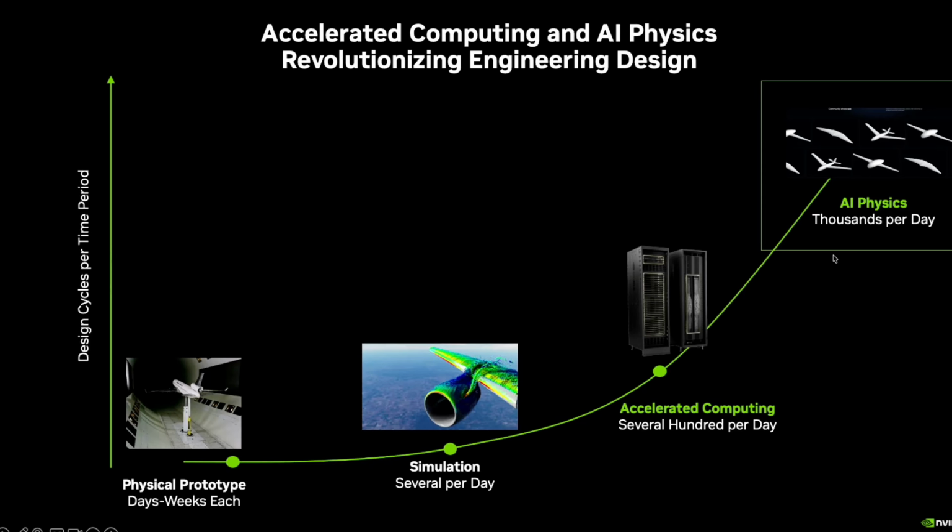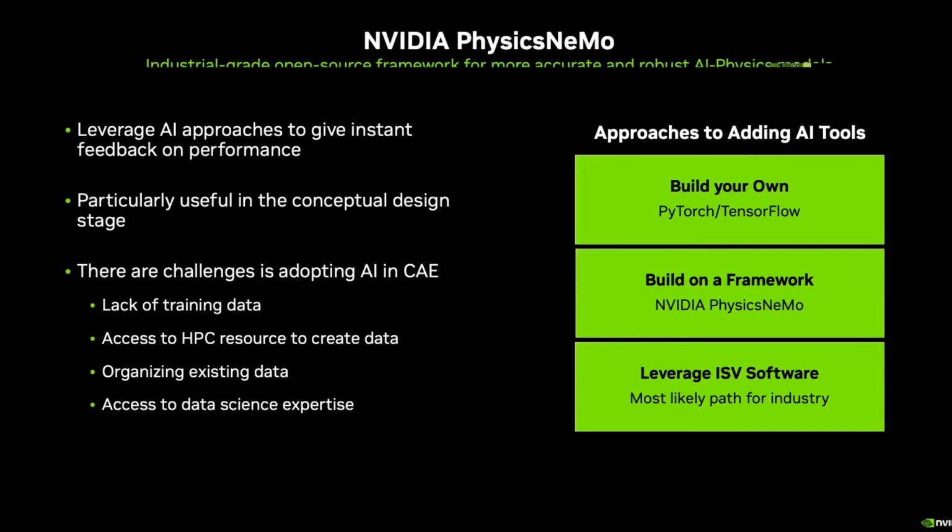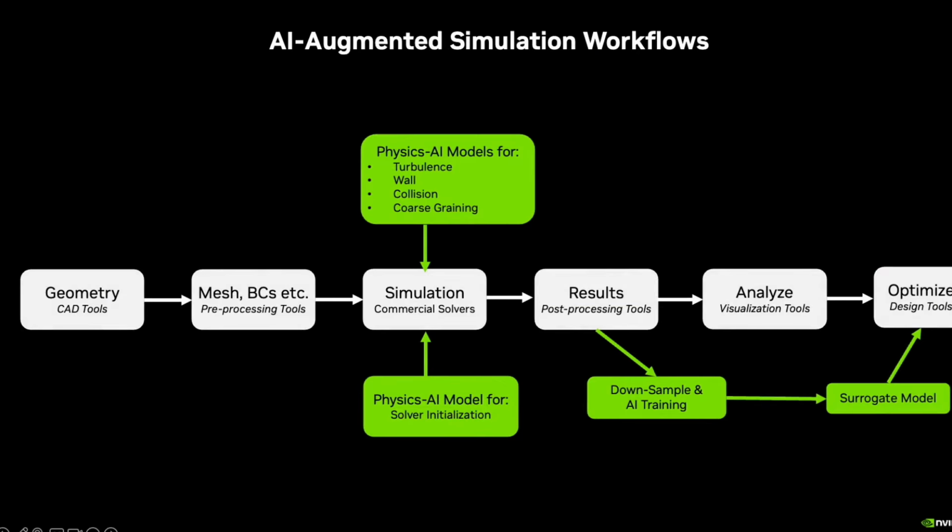They're going to complement each other. I strongly believe that. We've already seen some companies, for example Ford did a presentation on this at GTC a couple of years ago, where they're using the AI surrogate models to initialize the flow field, so they can run their traditional CFD solvers a lot quicker because they're starting from a really good first guess.